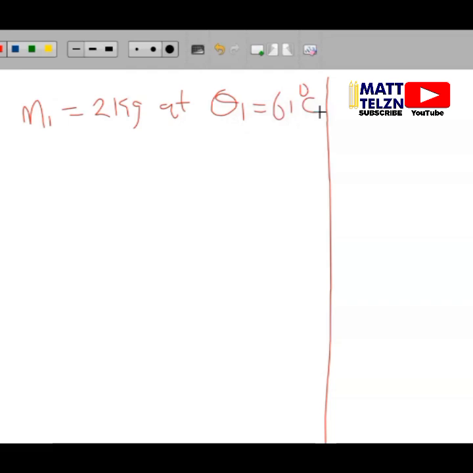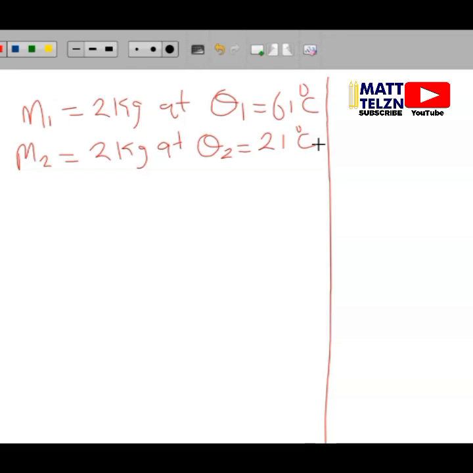Okay, now I have the second liquid, which is M2, of the same mass, which is 2 kg, at a temperature, which is my theta 2, equal to 21 degree Celsius. Okay, now it's added to the liquid in the vessel.